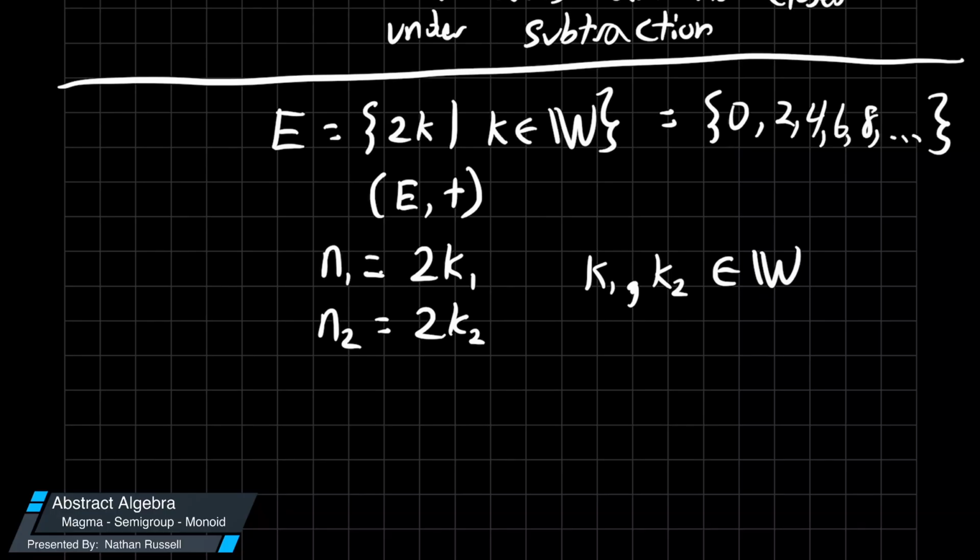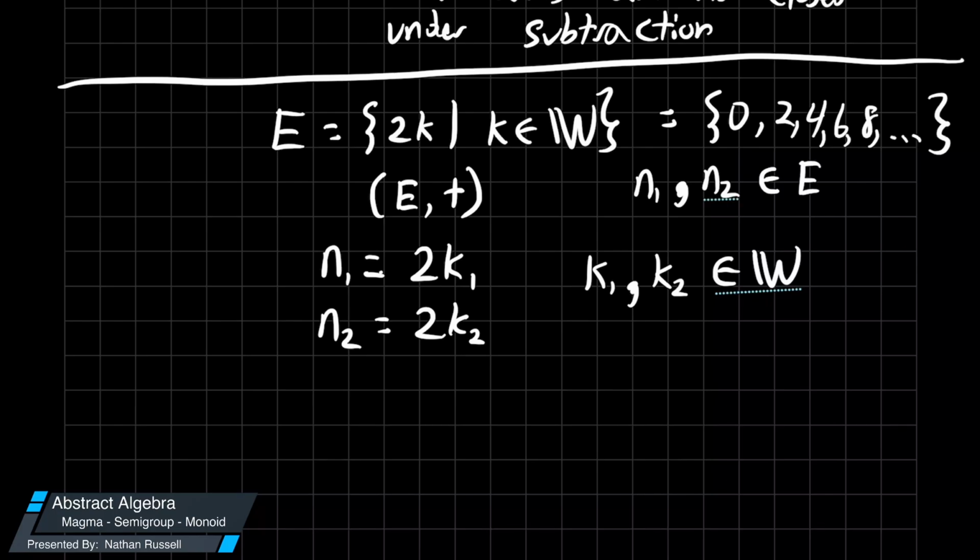So basically I'm saying let n1 be an element of the set, let n2 be an element of the set, and represent n1 and n2 by the way elements are defined in the set, in other words, 2 times some whole number. Well, that means k1 must be a whole number, k2 is a whole number. So we're good. We're basically claiming that n1 and n2 are elements of E.